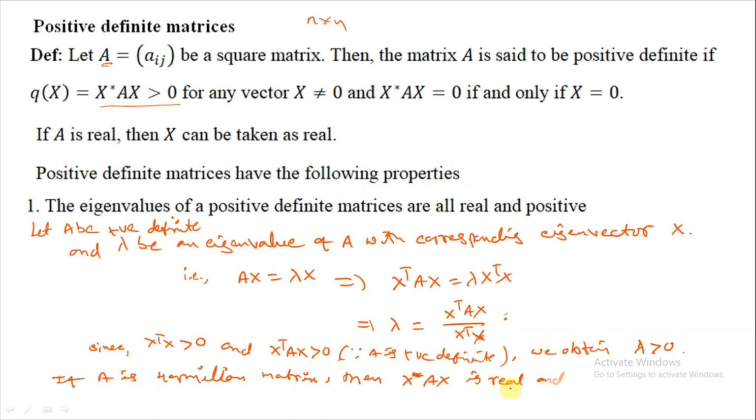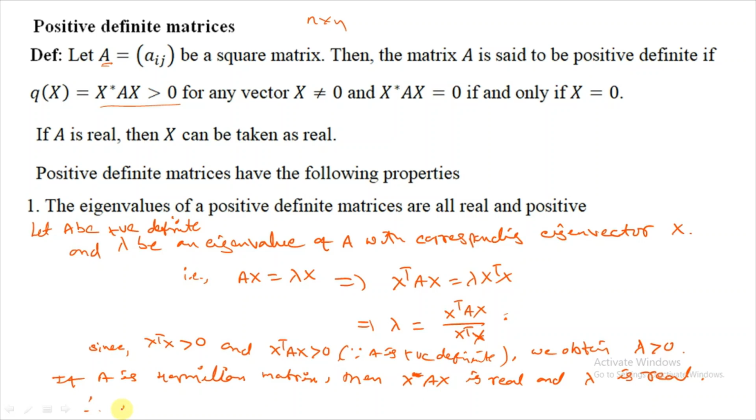What are the eigenvalues of a Hermitian matrix? Also real. This lambda, the eigenvalue, is real. Therefore x star x is real, and lambda is also real.